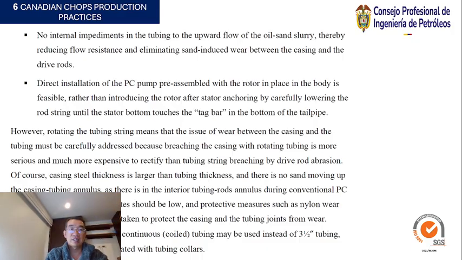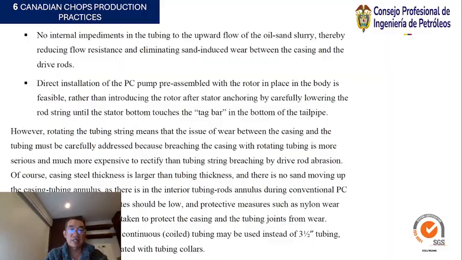However, rotating the tubing string means that the issue of wear between the casing and the tubing must be carefully addressed, because breaching the casing with rotating tubing is more serious and much more expensive to rectify than tubing string breaching by drive rod abrasion.